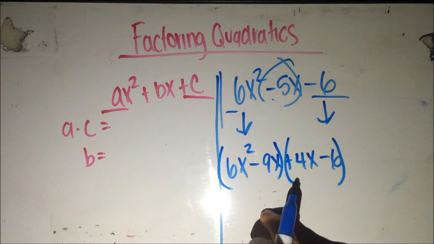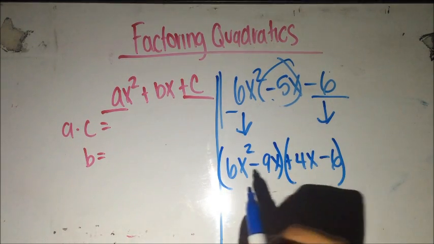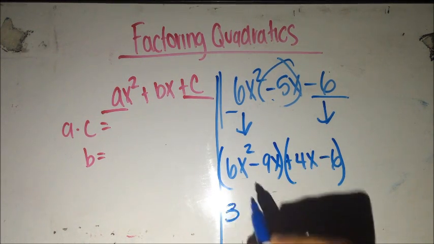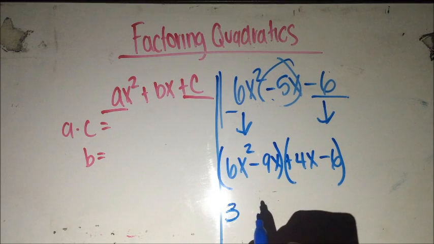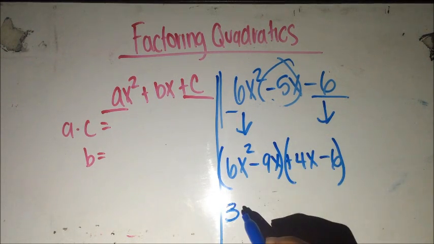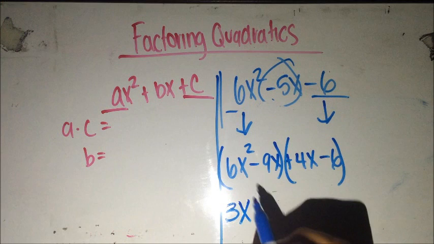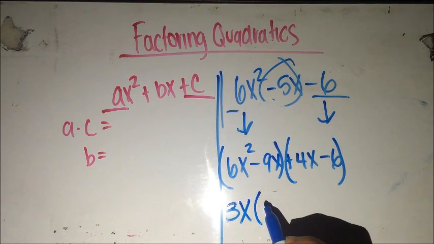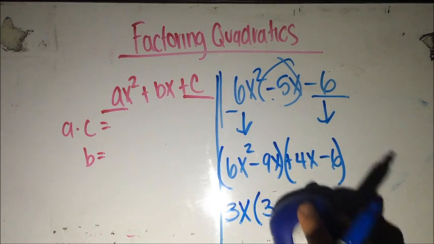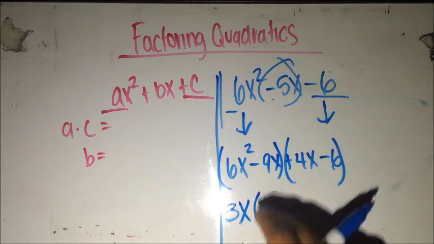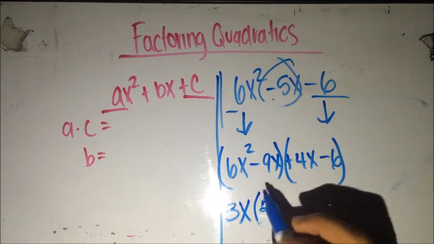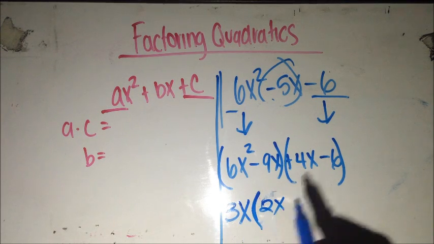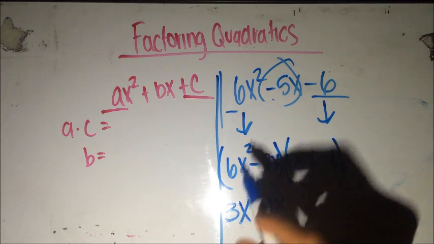After this, we simplify, which in this case would be: 3 is a divisor of 6 and 9. Since it's x squared, we put an x outside. 3x, parentheses, 2x. 3 times 2 is 6, and x times x is x squared, so this equals 6x squared.